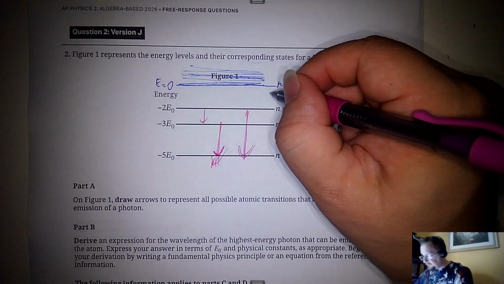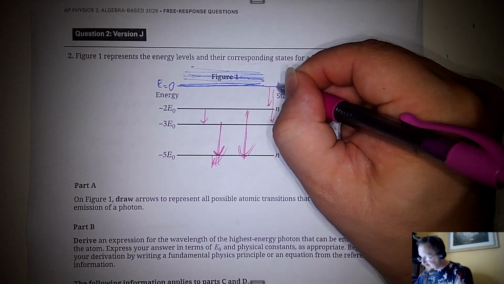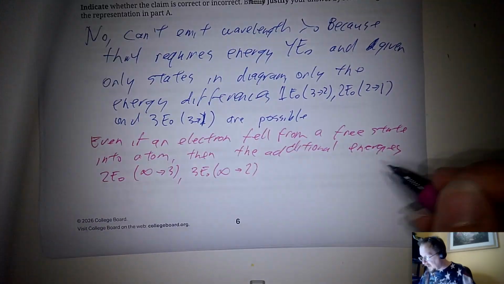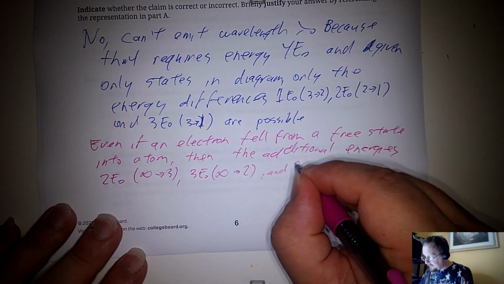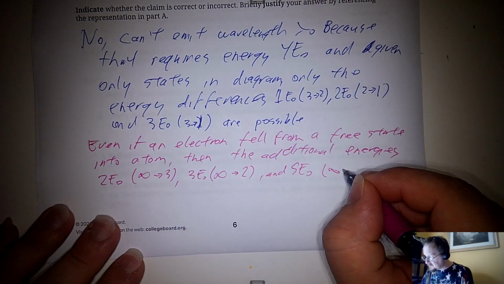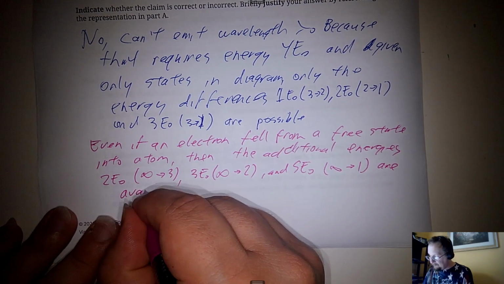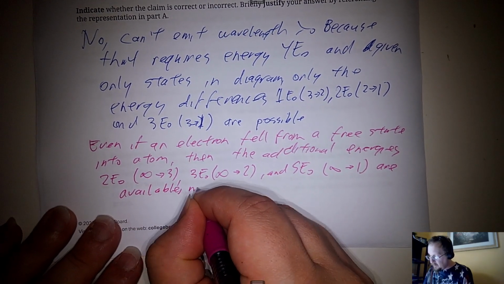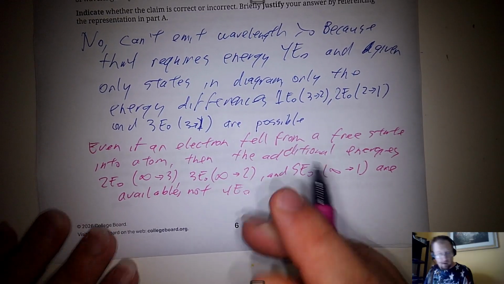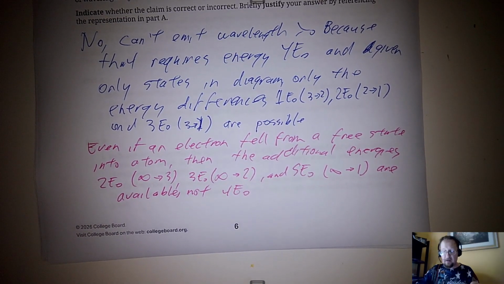So you could do this, and this, and that'd be 2, 3, and 5. And 5E naught, which goes to 1, are available, not 4E naught. And I'll tell you this.